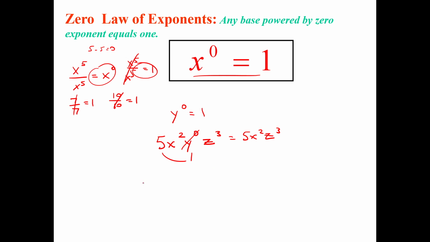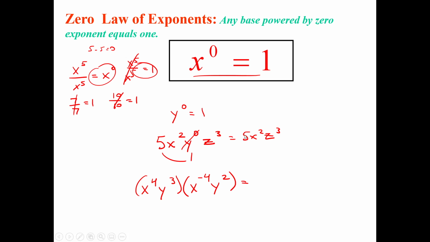Furthermore, if I do x to the 4 y cubed, and I multiply that by, let's say, x to the negative 4 y to the 2nd, remember when we multiply, we add the exponents.